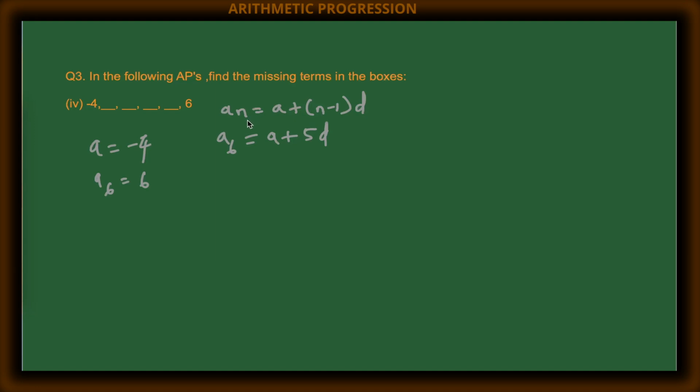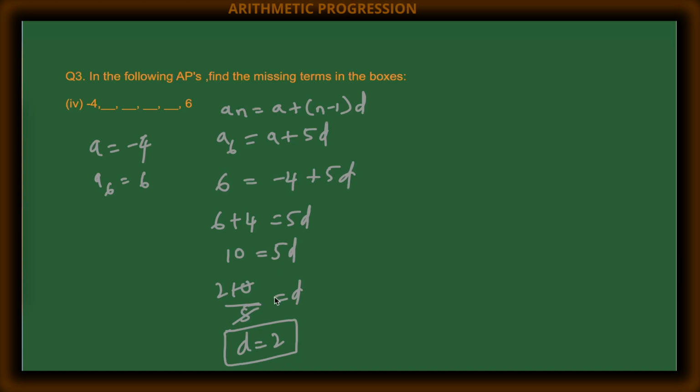Here we know An, we have A, we know n, and the unknown is D. So with this formula we can get it. 6 is equal to A, which is minus 4, plus 5 times D. We don't know D. So minus 4 comes to the other side: 6 plus 4 is equal to 5D. 10 is equal to 5D. So 10 divided by 5 is equal to D. 5 twos are 10. So D is equal to 2.